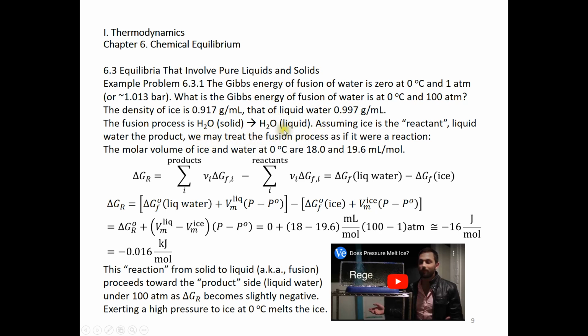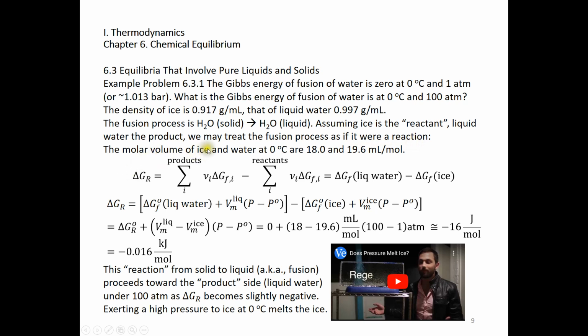Now let's look at this fusion process. It's going from solid to liquid. We can just assume this solid ice is our reactant and this liquid water is the product. So we're going to treat this fusion process as if it were a reaction.